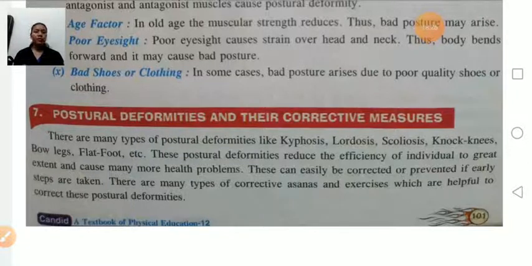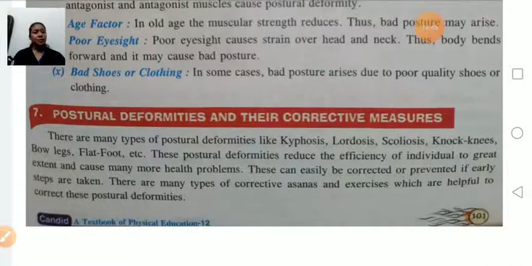If we have a posture deformity, it will reduce the efficiency of the individual, and it may also lead to health problems. This can be easily corrected or prevented if early steps can be taken.